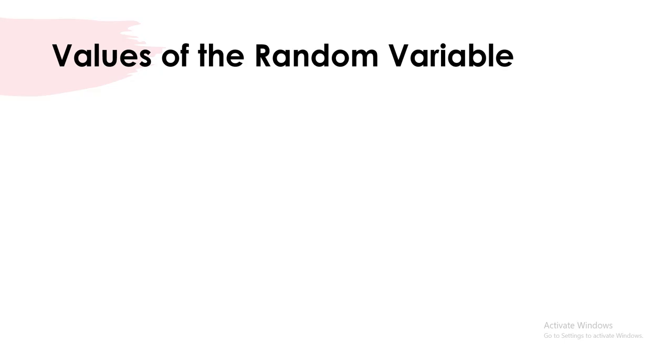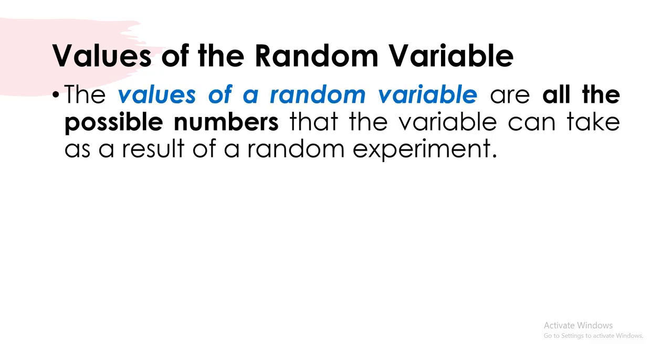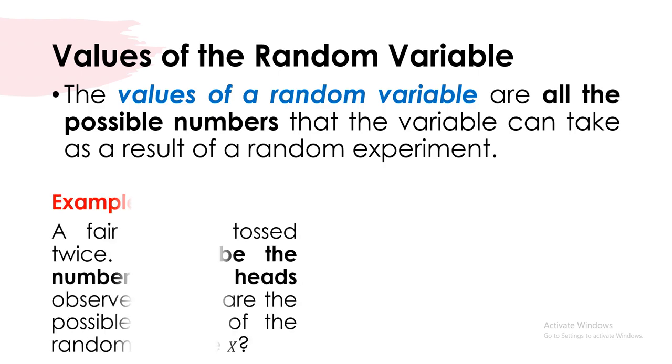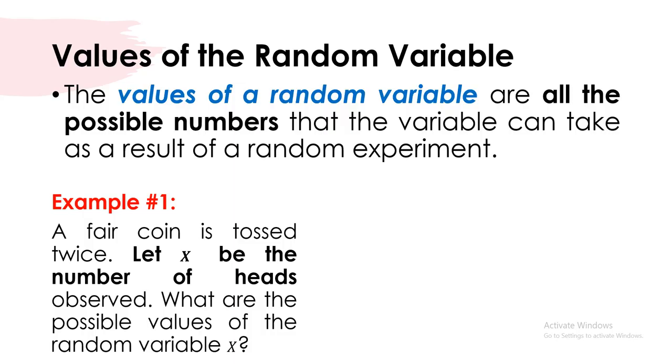Okay? Now, how are we going to get the values of the random variable? But before that, let us first define what are the values of the random variable. When we say values of a random variable, these are all possible numbers that the variable can take as a result of a random experiment. So we can have this example for us to better understand. A fair coin is tossed twice.